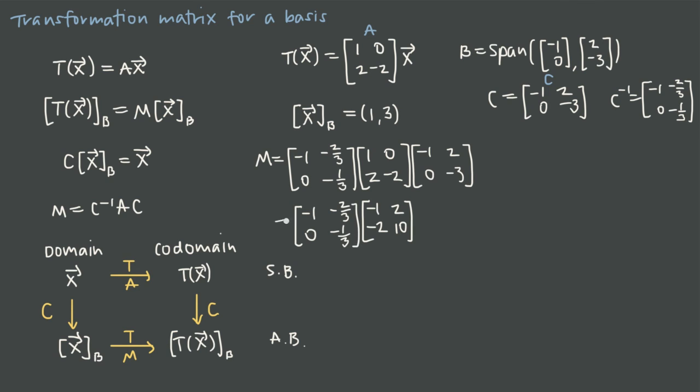And then here we'll have our -1, -2/3, 0, and -1/3. And so when we do the matrix multiplication here, we'll get -1 times -1 is +1, -2/3 and -2 is +4/3.